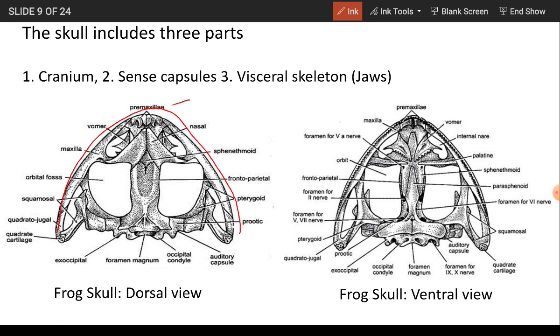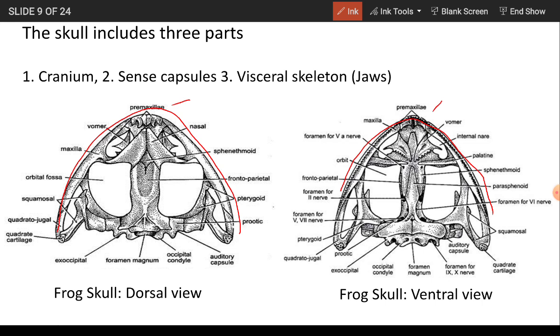The premaxillae from each side are united in the middle line, and each premaxilla bears a few conical teeth in two rows along its anterior lower edge. This can be observed in the ventral view of the skull, where these teeth are present along the entire length of the upper jaw, and in the premaxilla also.